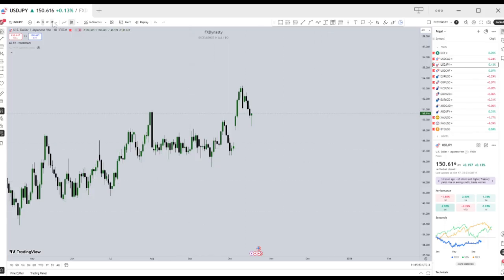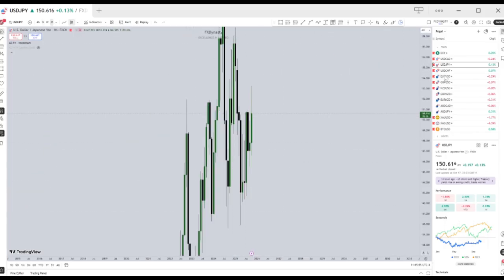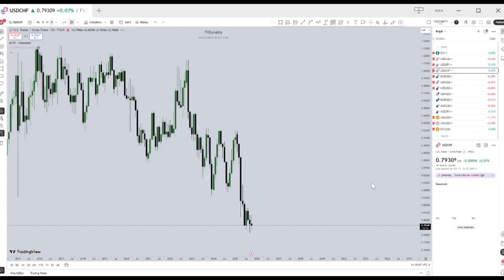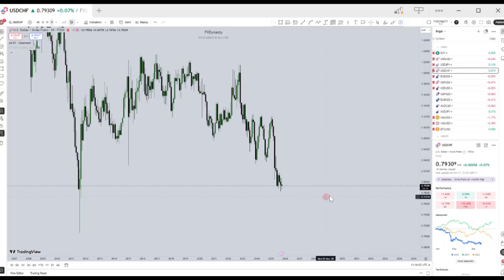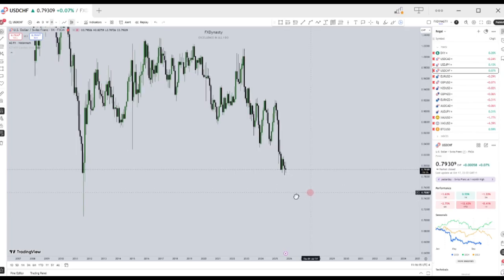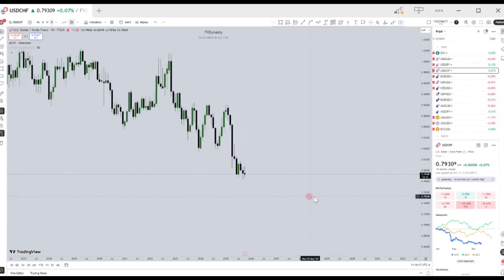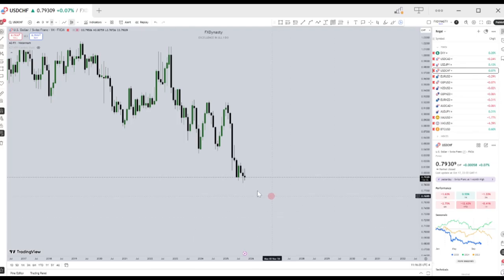So let's go on to the next, which is USD CHF. The Swiss franc. So on USD CHF, what you can see is price taking out this swing low here and reject.